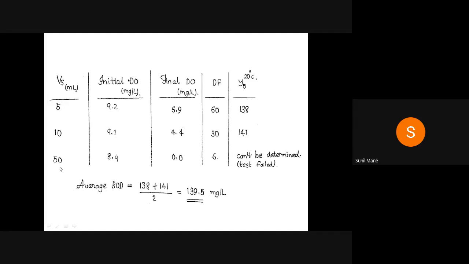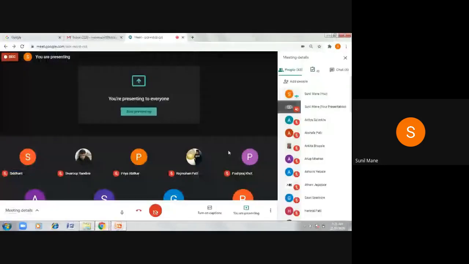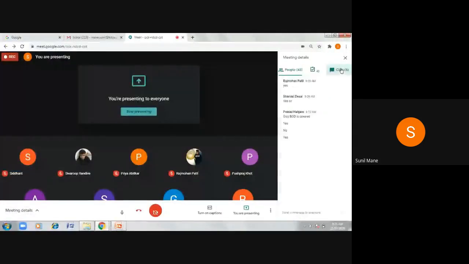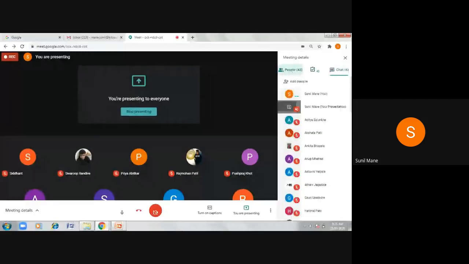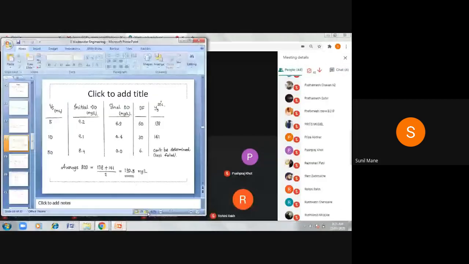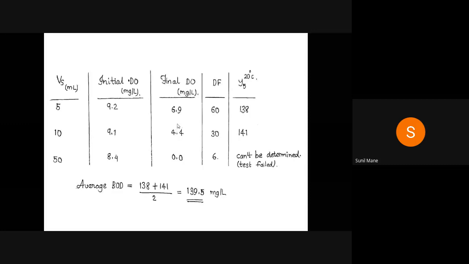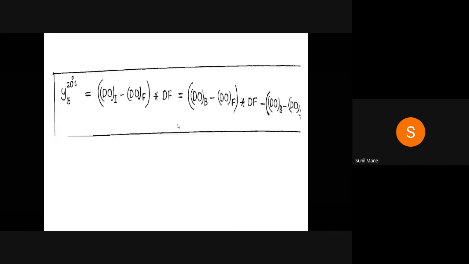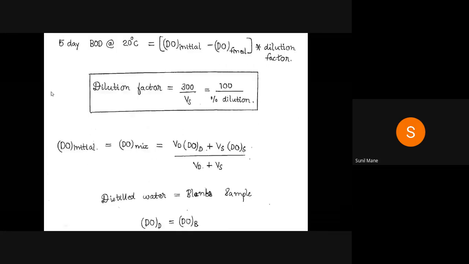Now after preparing these three samples, we are going to calculate the dissolved oxygen of the mix. How to calculate the dissolved oxygen of the mix? In previous testing, we calculated dissolved oxygen initial.